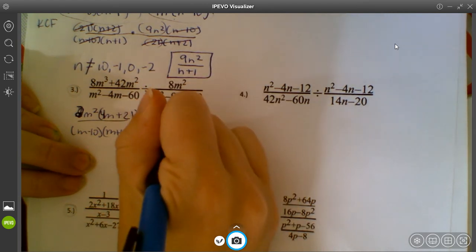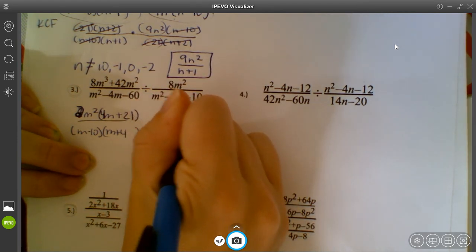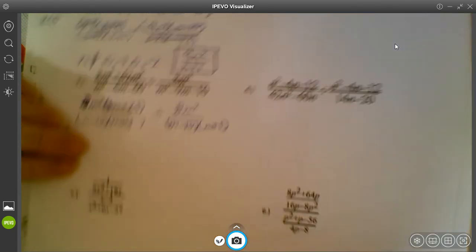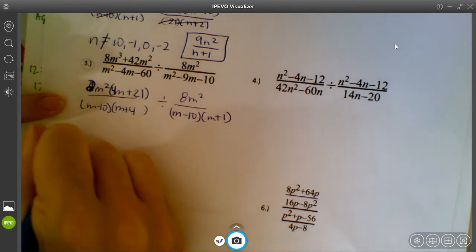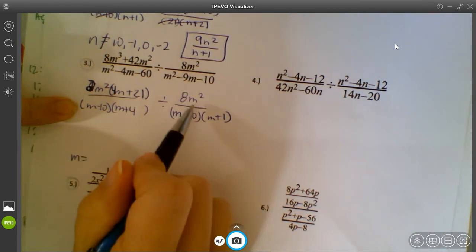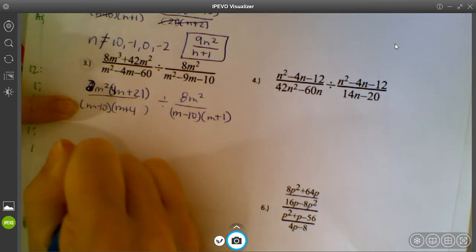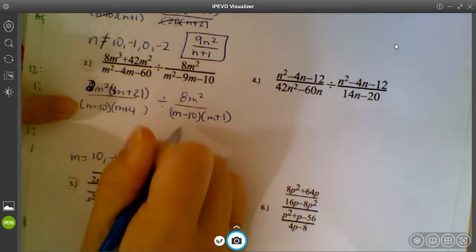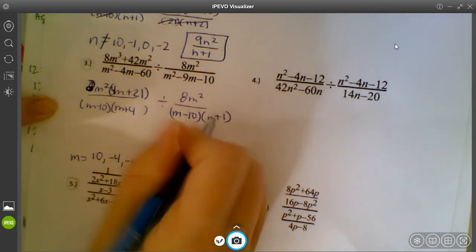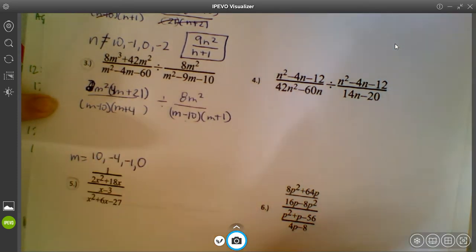This is m minus 10 m plus 1. I'm going to restrict right now my m, so I have to look here, here, and here, because remember, eventually I'm going to flip this. So that's a 10, negative 4, that's a 10. I already wrote that down though, so negative 1 for this one, and right here I have a 0.